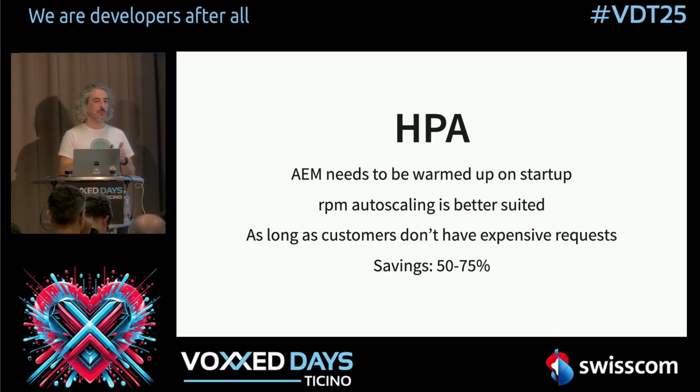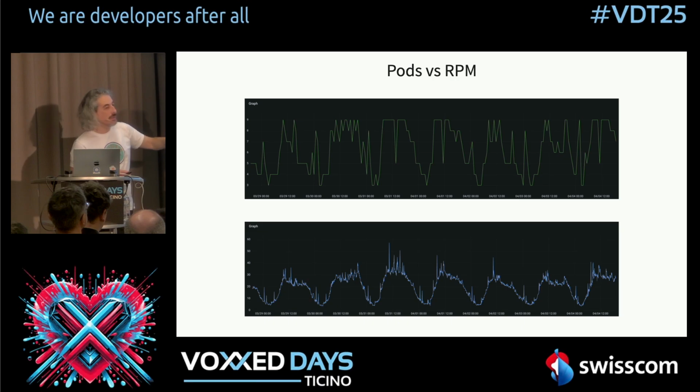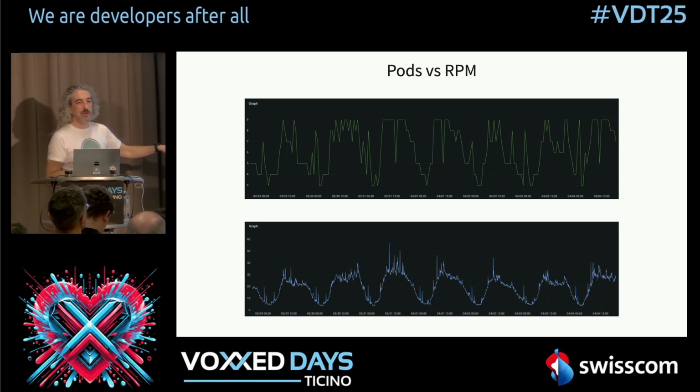You're going to have periods where you have barely any traffic during the nights, and that sort of stuff. This is the number of pods at the top. So this one is running up to 9 pods, I think. And you see it's all the time going up and down, and it kind of looks like the number of requests per minute that we're getting. So in periods of low traffic, you have fewer pods.